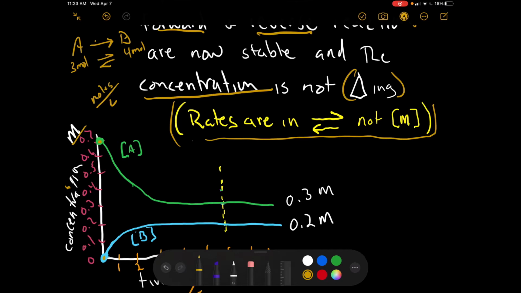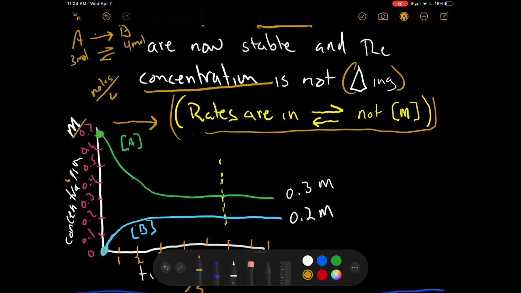But as the reaction moves forward, reactant A is decreasing while reactant B is increasing. The molar concentration of A goes down to 0.3 from 0.7, and the molar concentration eventually reaches 0.2 for B right here.